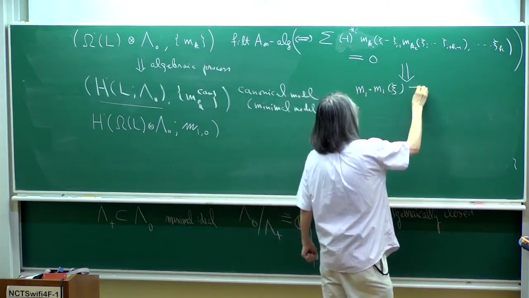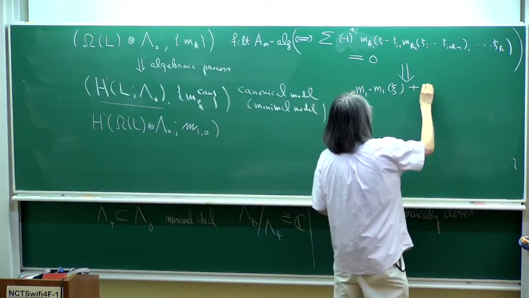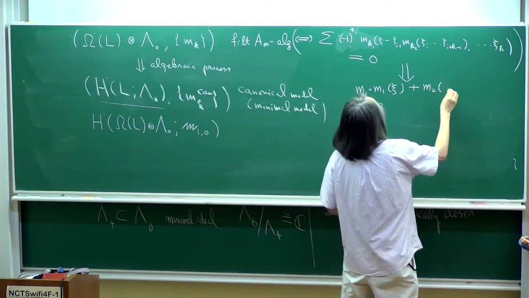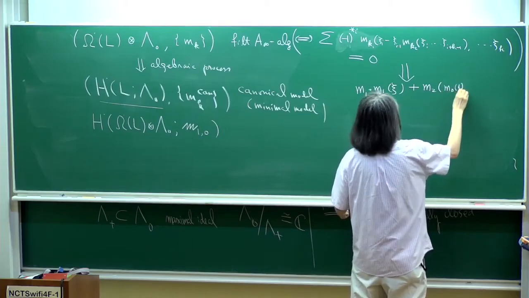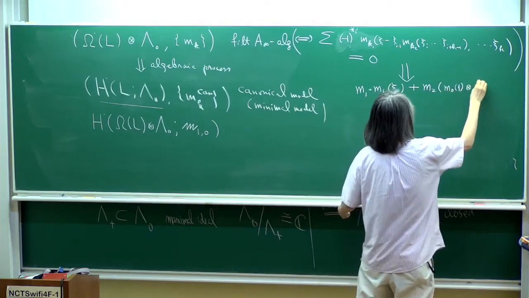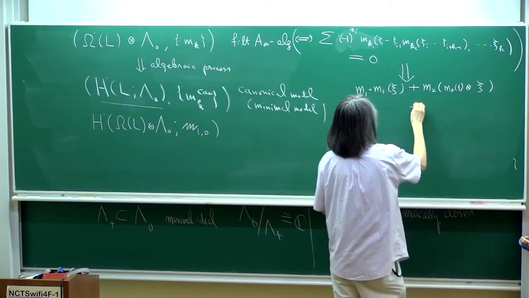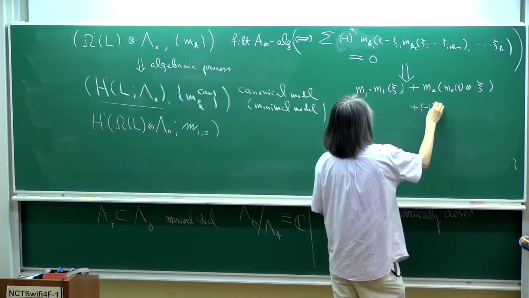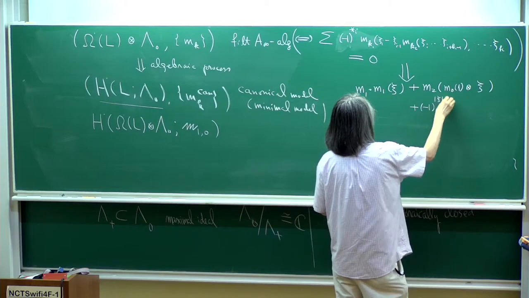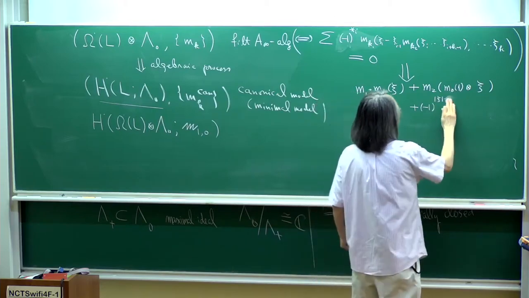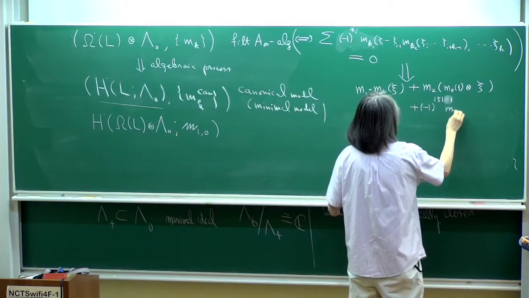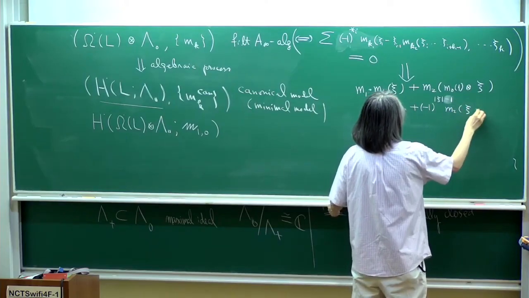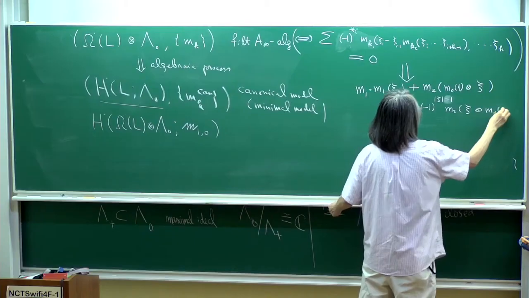Then this one may not be equal to 0, but maybe we have M0^B tensor psi plus or minus (-1) to the power of the degree of psi of M2 of psi tensor M0^B.